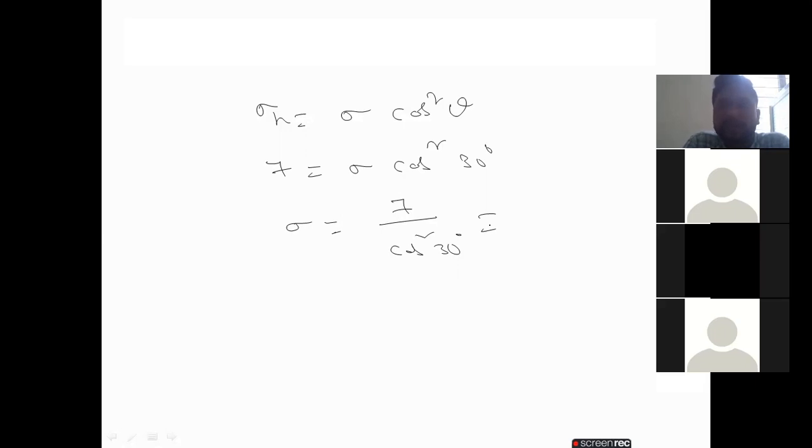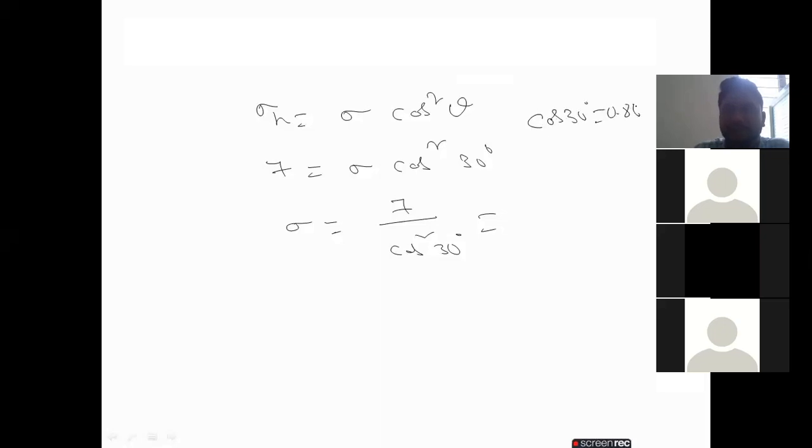Sigma n equal to sigma cos square theta, and now calculate the sigma value. Someone responded, yes, Obul Reddy, your answer is right. I'm waiting for other people to respond. First you have to check what is cos 30.